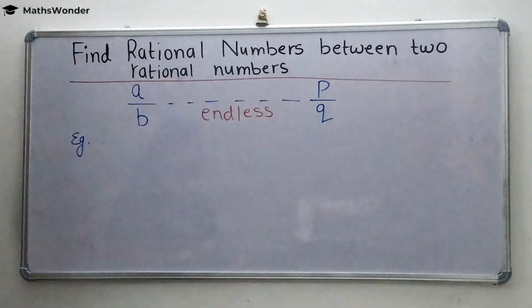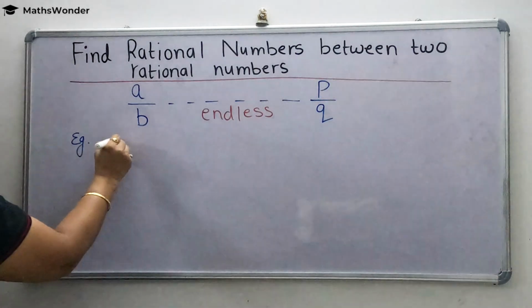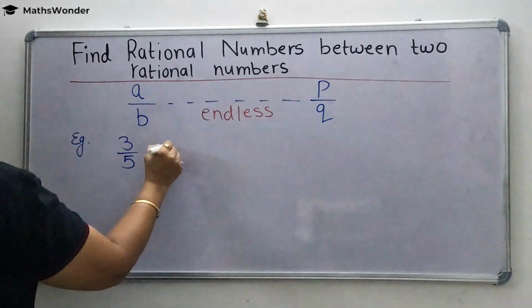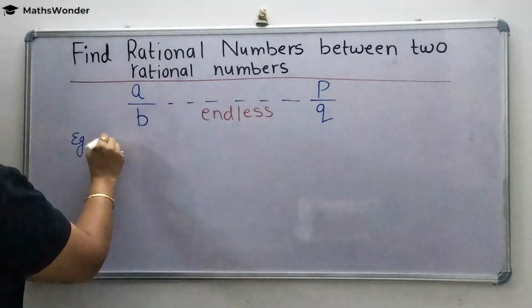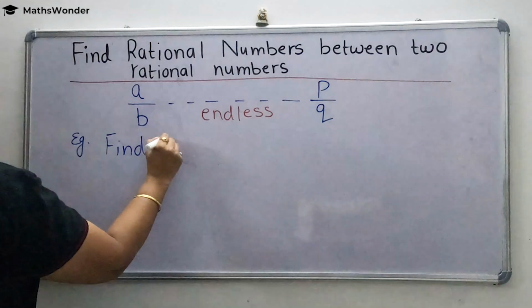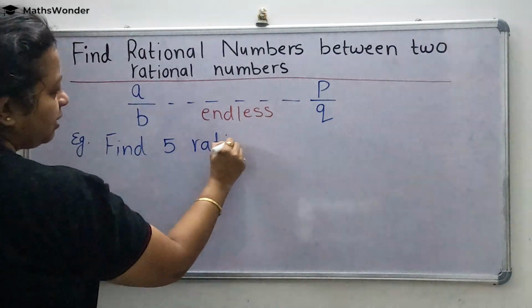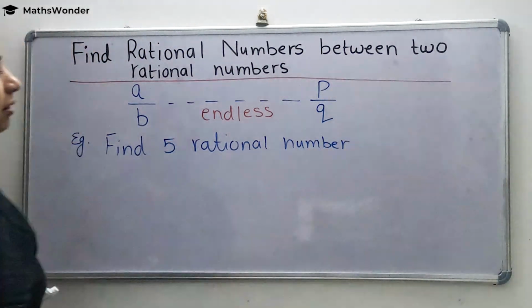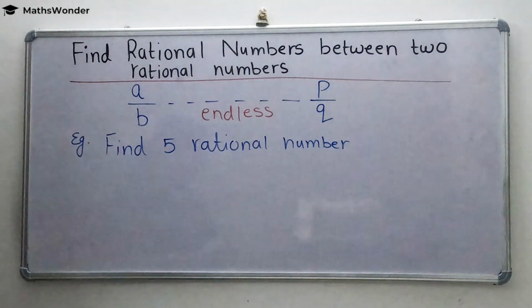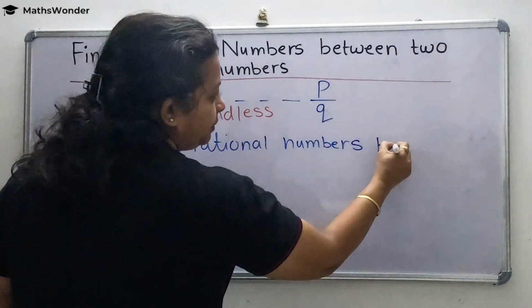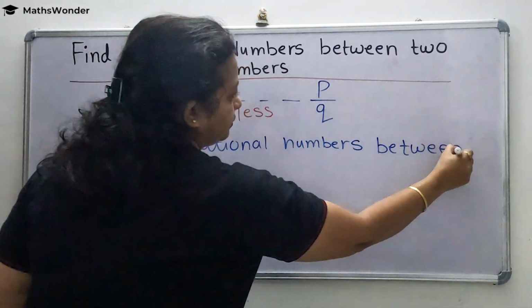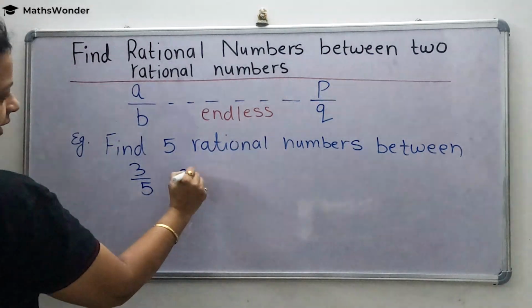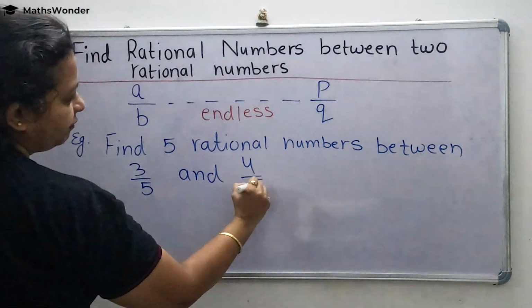Let's try to understand with an example. Suppose 3 over 5: find 5 rational numbers between 3 over 5 and 4 over 5.